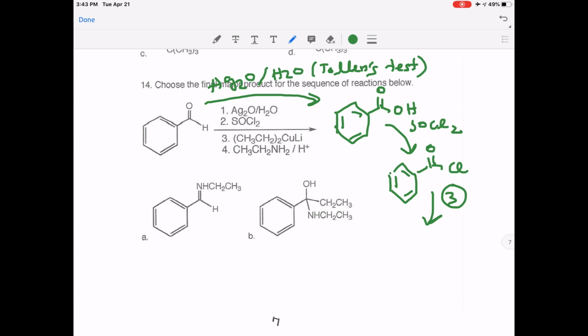And so it will easily allow for the addition of even weaker nucleophiles like diorganocuprates. So essentially this reagent attacks the carbonyl carbon, and that causes the electrons to go up here to the oxygen atom. Let's just draw that out.